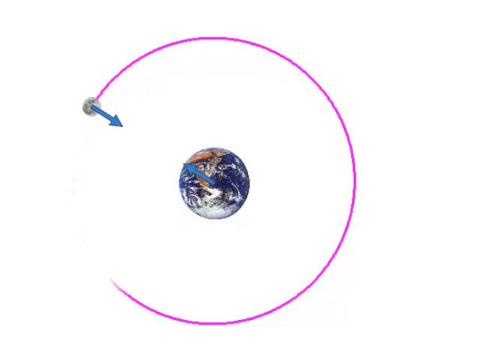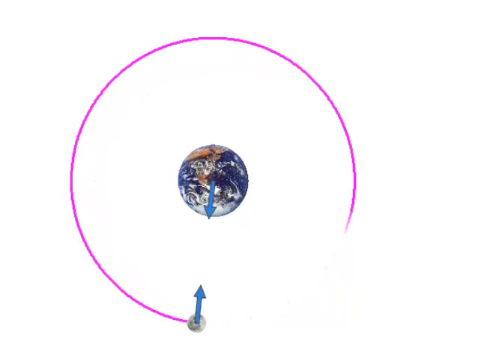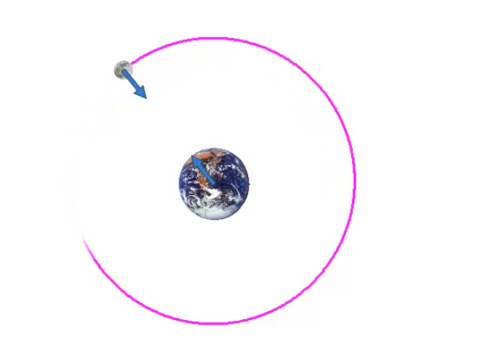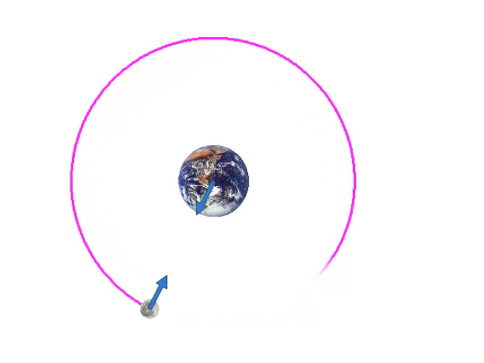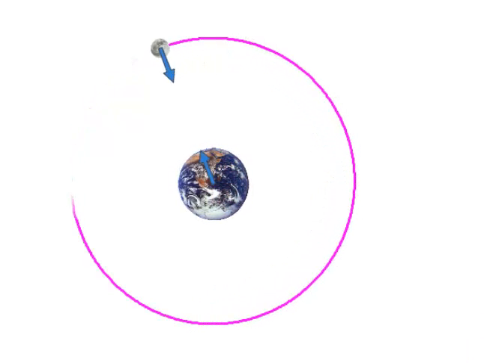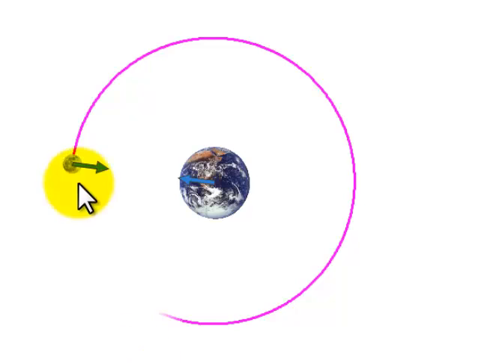For example, in this simulation, the Earth exerts a force on the moon in a direction which is perpendicular to the instantaneous direction of travel of the moon. This is the moon, and this is the Earth. This is the path of the moon around the Earth.